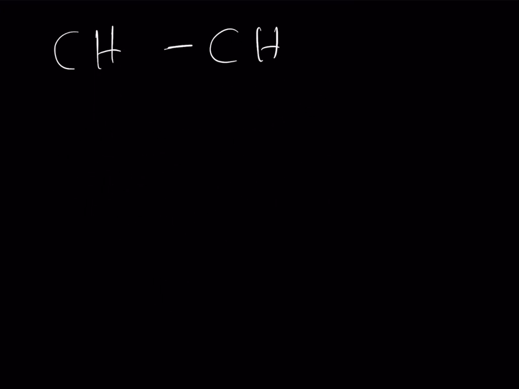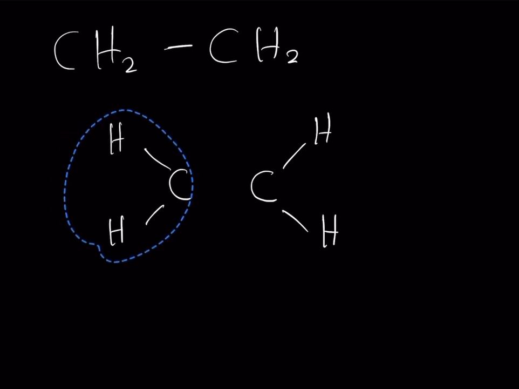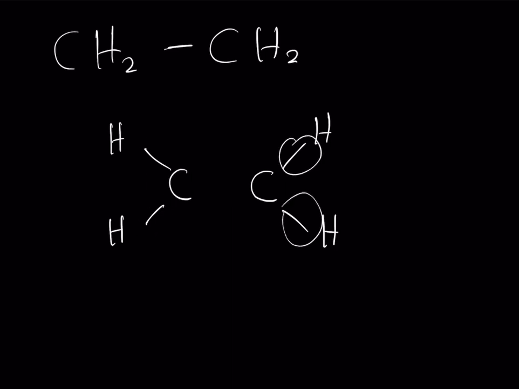Now let's change this to CH2, CH2. We would have the carbons, right, and we have the hydrogens. So each carbon has 2 hydrogens, so distribute the hydrogens evenly among the carbons. And then you can see here that each carbon has 2 bonds. So this carbon has 2 bonds, and this carbon has 2 bonds.